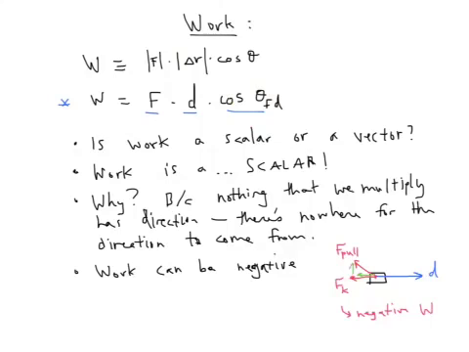And because the parallel component, this green line right here, also points in the opposite direction as distance, this pulling force will do negative work as well. Whenever the force is in the opposite direction as the distance, there's negative work being done by that force. So the negative sign clearly does not make it a vector. The negative sign doesn't indicate direction.